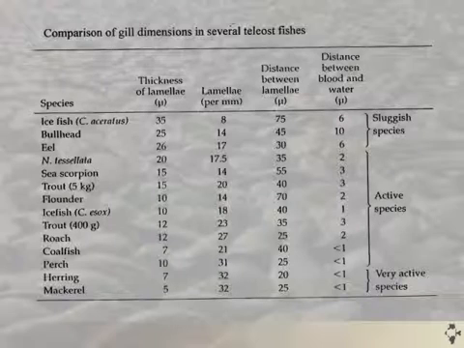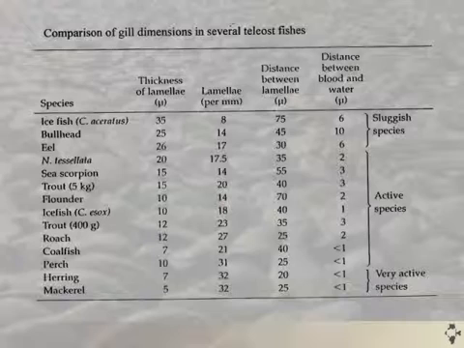So in terms of swimming behavior, this tells you whether these are mostly lie-in-wait types of predators, bottom feeders, species that don't actively swim for a majority of their life. The active species certainly swim a lot more. The very active species, like the herrings and mackerels, are continuously swimming.